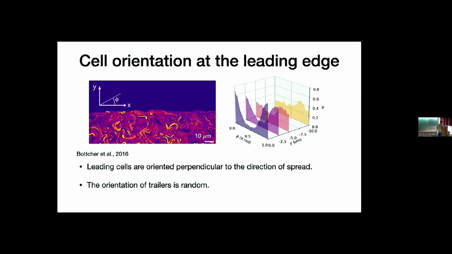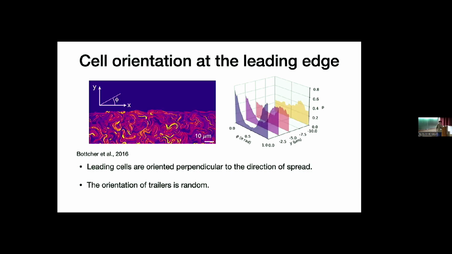On the right, we obtained the orientation field as a function of y. The dark blue one is exactly at the leading edge. You can see sharp localization at 0 and pi radians, which correspond to the x or minus x direction. This means leading cells are oriented perpendicular to the direction of the spread.